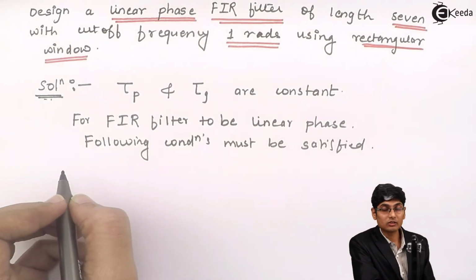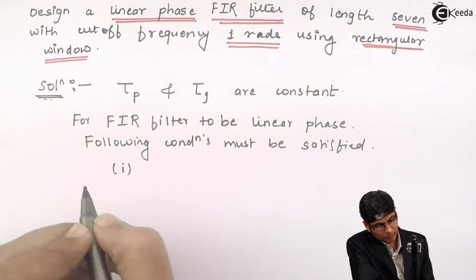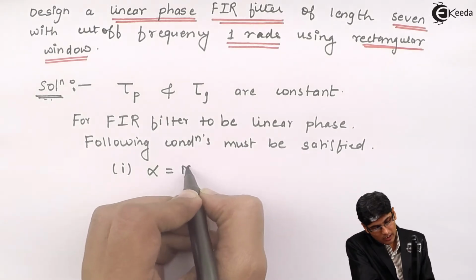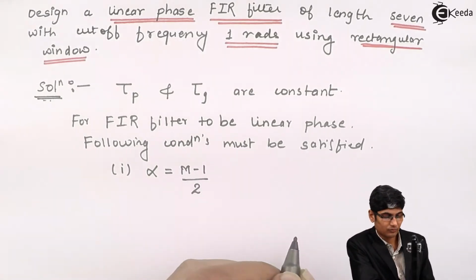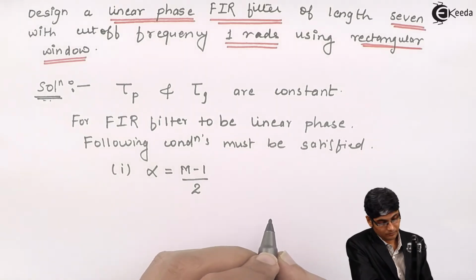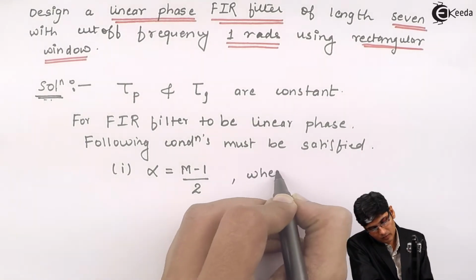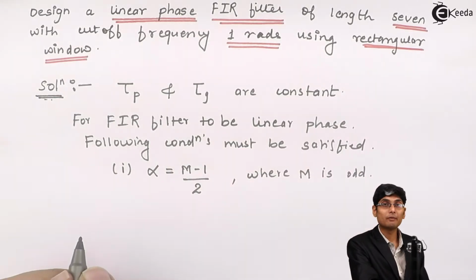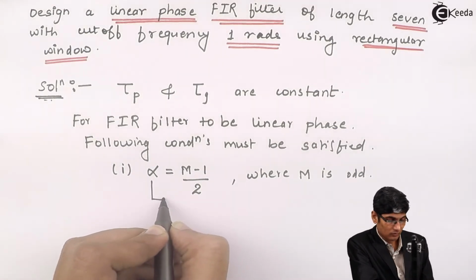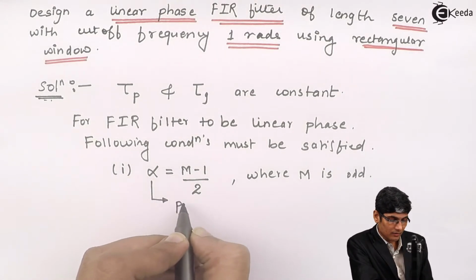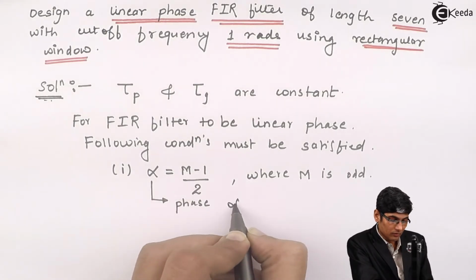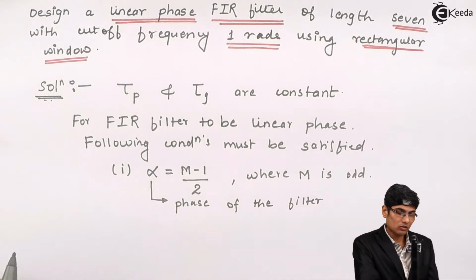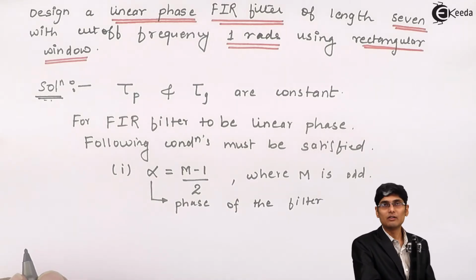Now, what are those conditions? The first condition is specified as alpha must be equal to (m minus 1) by 2, where m is odd. Alpha is the phase of the filter, or we can also say that it is the phase response of a system.